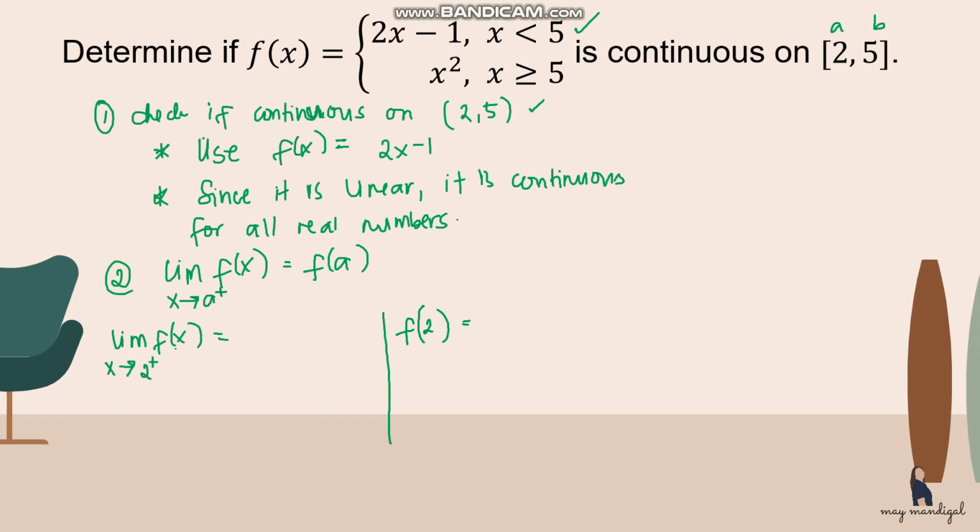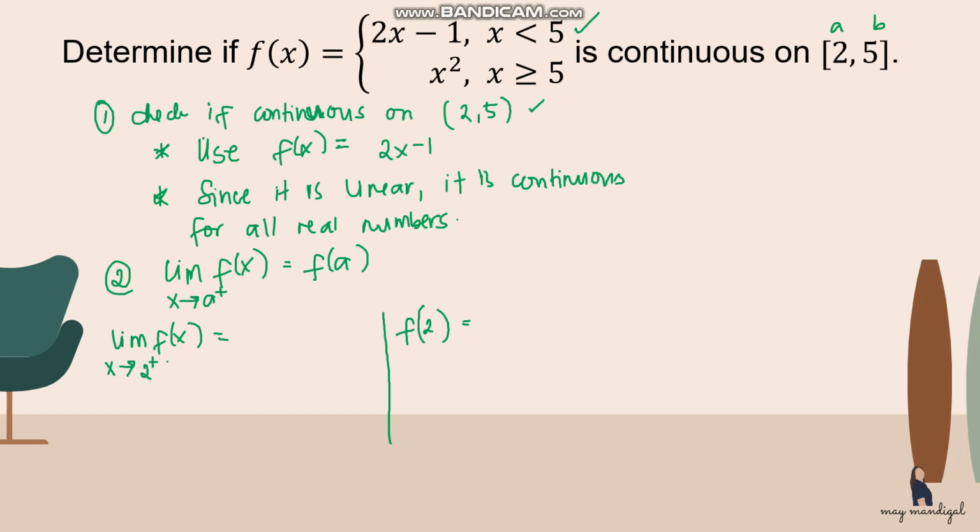Now, for the limit of f of x, since what we want is from the right of 2, if we're going to think for the values of x from the right of 2, those are 2.1, 2.001, 2.010, 2.015, and so on.